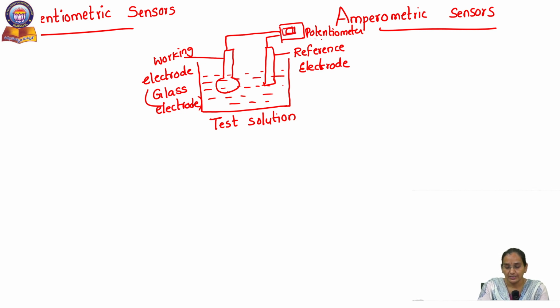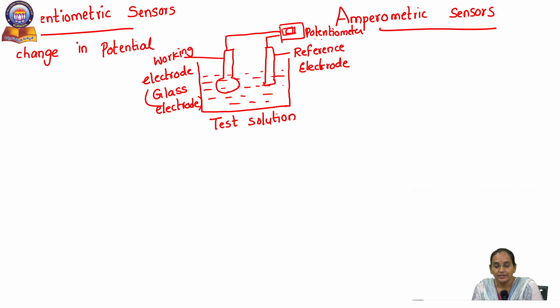Potentiometric sensors, as we already know, can sense the change in potential. If a solution has any potential change, like if the concentration is varied, then it can sense it and it is displayed in the potentiometer.